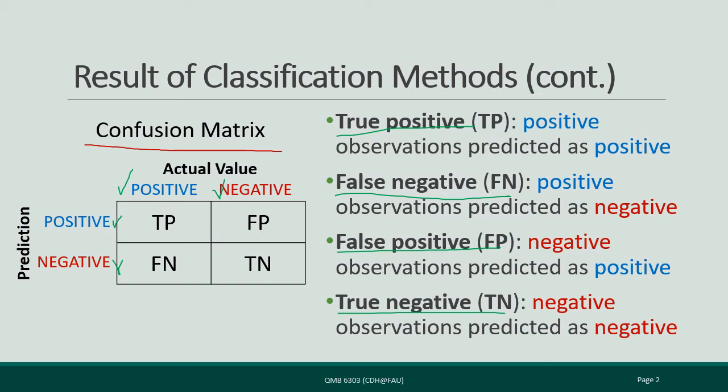And then there's true negative: the negative observation predicted as negative. So you can see immediately that these two quadrants, true positive and true negative, are those predictions that are made correctly. And the other two, false positive and false negative, are those predictions that are made wrongly.